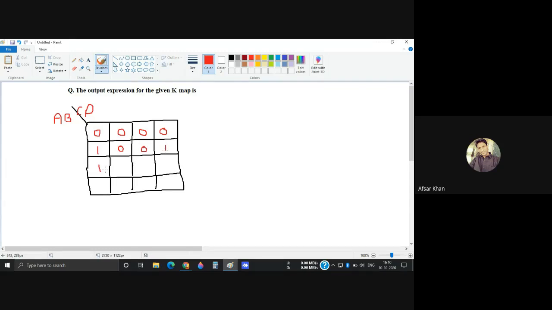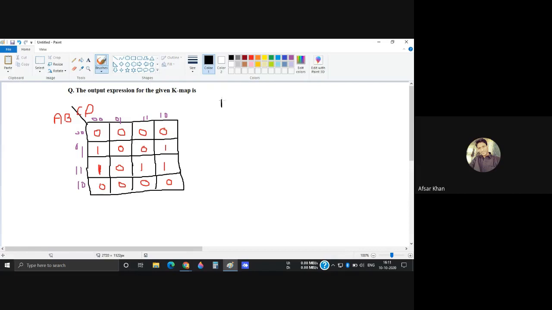Then 1, 0, 1, 1. Then 0, 0, 0, 0. We have been given this K-map.